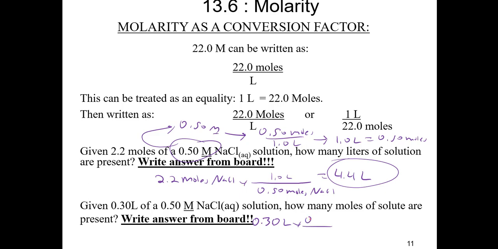So then it's going to be 0.50 moles of NaCl on top, 1.0 liters of solution on bottom, and then that gives us 0.15 moles of NaCl. So molarity as a conversion factor allows us to convert from a starting liters to moles or a starting moles to liters.